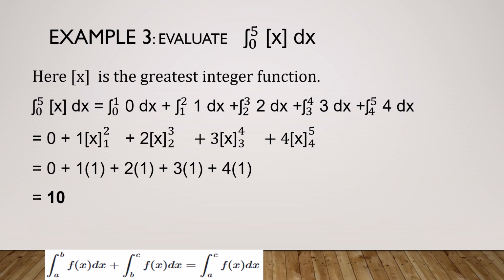If you have integral a to c and in between if you have b, you can write it as a to b plus b to c, the limits. Now since it is 0 to 5 over here, and it is the greatest integer function, the value of this box x will be different in each case. So we have to divide it into 0 to 1, 1 to 2, 2 to 3, 3 to 4 and 4 to 5.